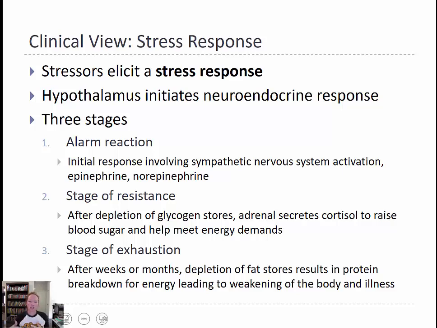If this is something that lasts for weeks or months, maybe starvation or again, chronic stress, anything like that, then it goes through your glycogen stores, and then it kind of moves to this stage of exhaustion. Once your fat stores are depleted, it goes to breaking down proteins, which is not good at all for your body.